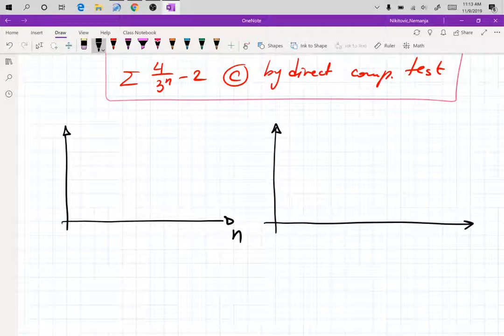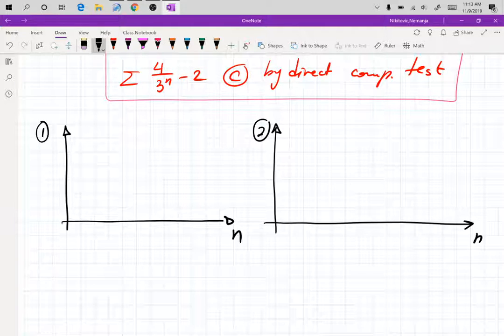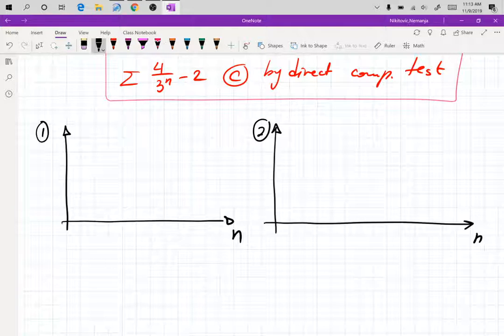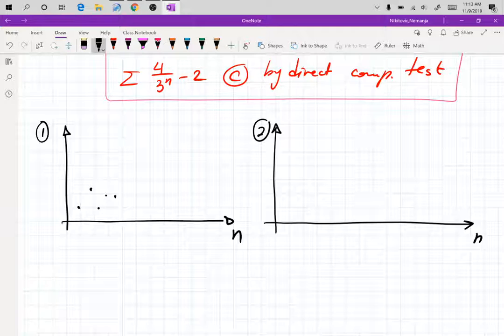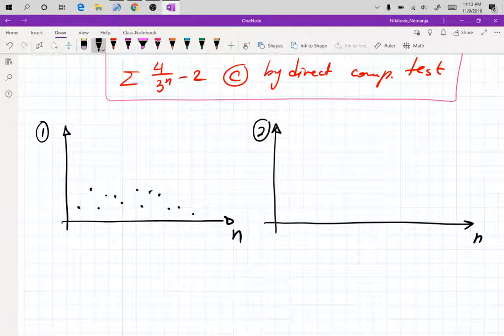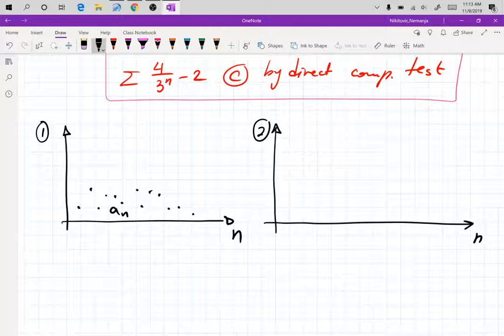So this is n for these graphs, and for number 1 you want to show convergence. You have some crazy an that you can't deal with easily. The black dots are an.